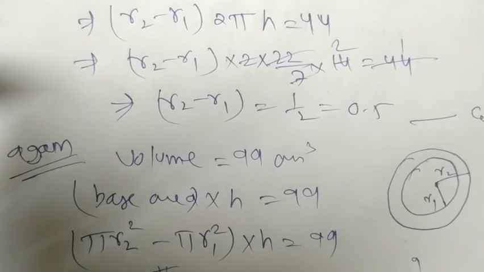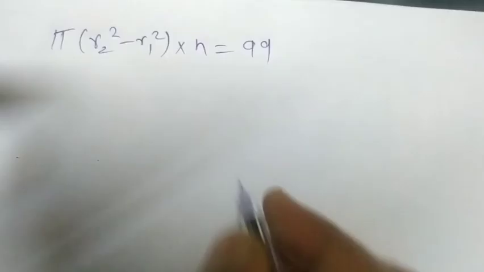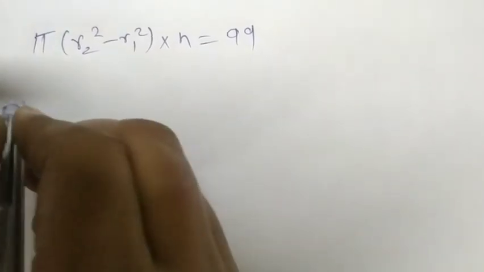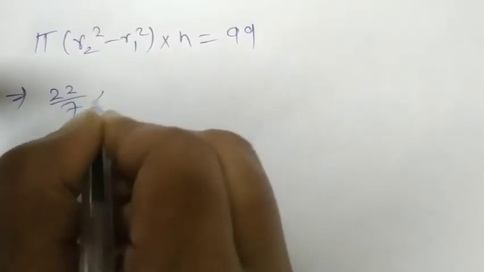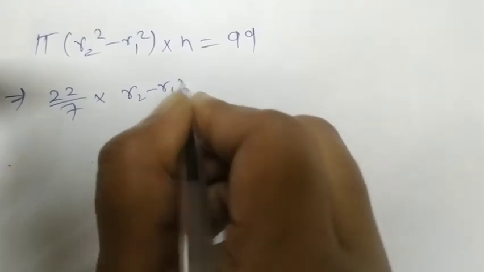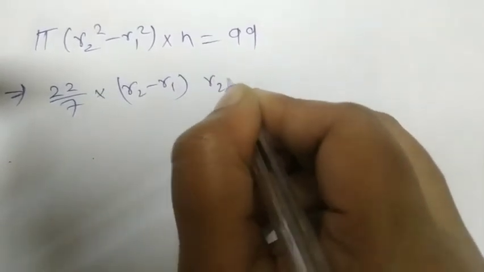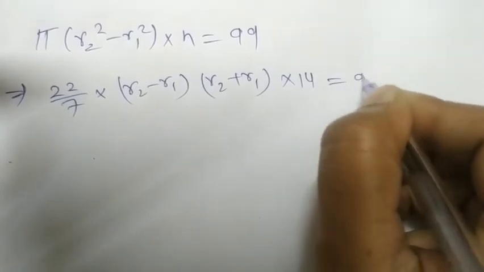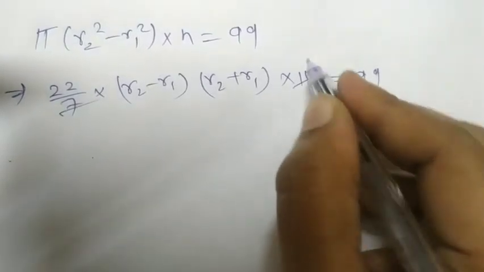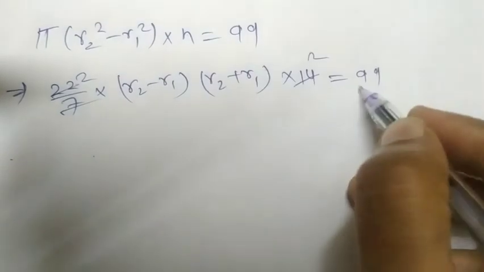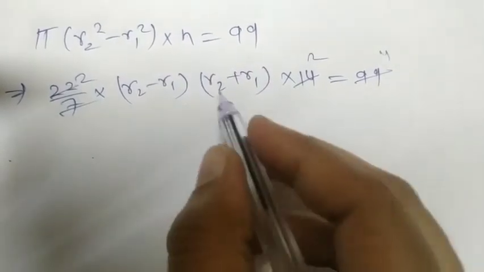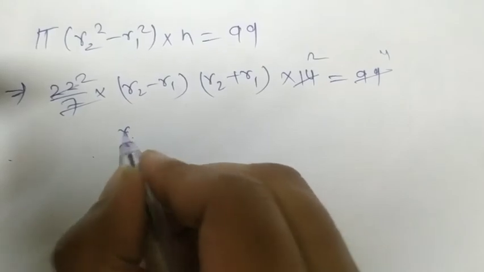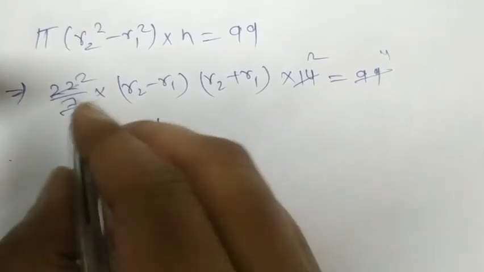So now, putting all the values here, we will get 22/7 into R2 minus R1, R2 plus R1, into 14 equal to 99. This is 2 and 11, and we have the value of R2 minus R1, that is 1 upon 2.